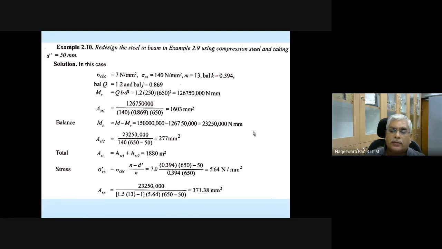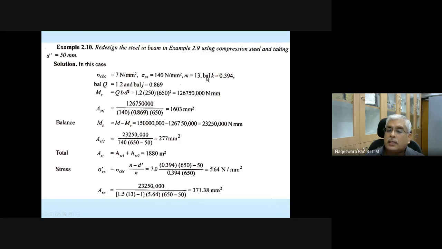B equal to 250, small d equal to 650, Fe 250 steel, and the cover thickness for the compression steel is 50 mm. And permissible stress in concrete in bending compression is 7 Newton per mm square. Permissible stress in steel, which is Fe 250, is 140 Newton per mm square, and M 30, modular ratio is equal to 13.